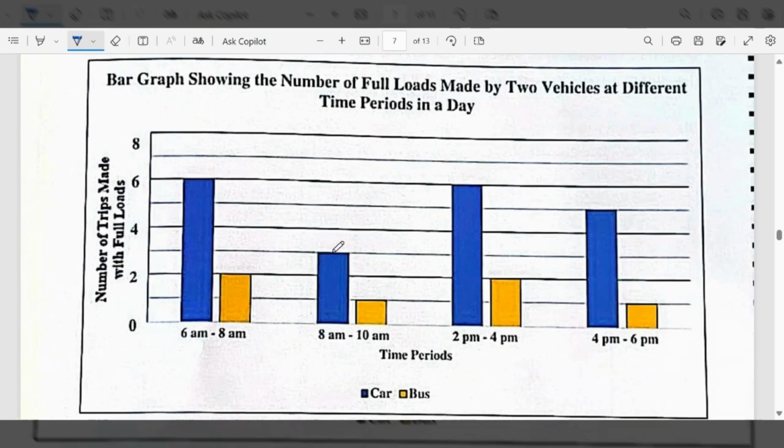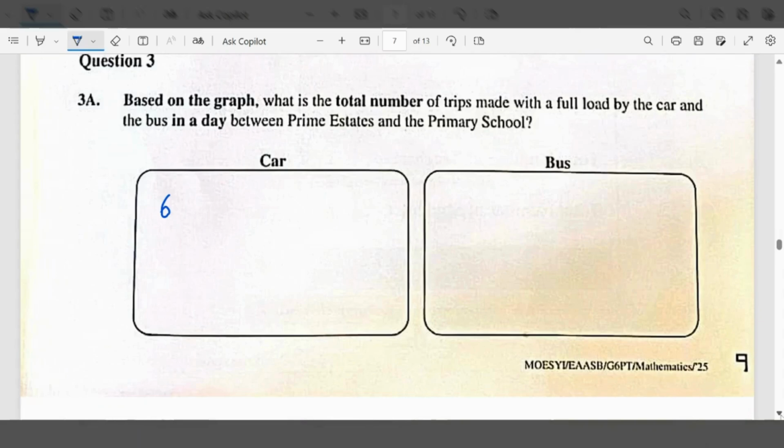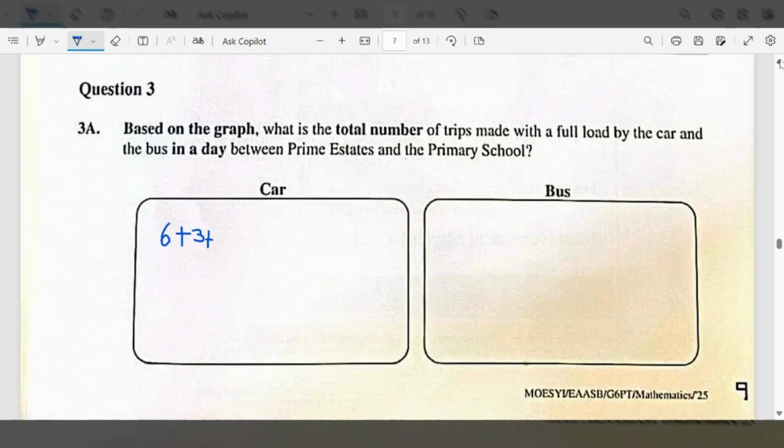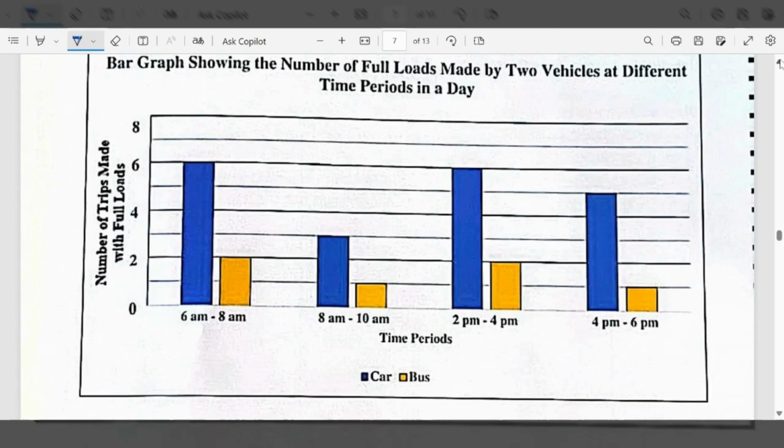And for 8 to 10, we have 3 trips with full load. So we'll add on the 3. And for 2 p.m. to 4 p.m., that's 6 again.